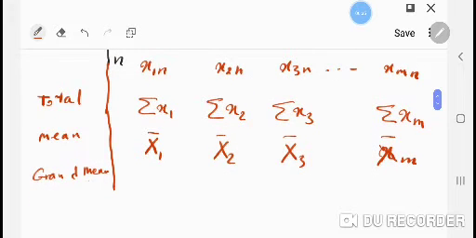And the grand mean is total x bar, that is sigma x bar i from 1 to m divided by m.